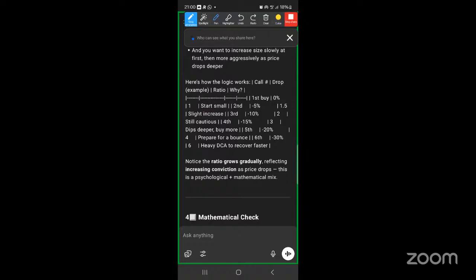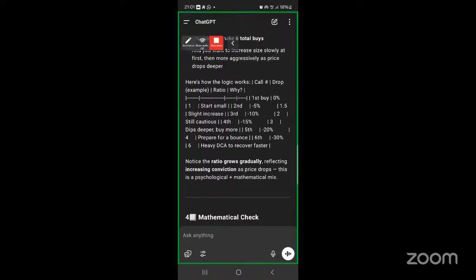Now, here is what it is saying. Notice the ratio grows gradually, reflecting increasing conviction as price drops. This is psychological plus mathematical mixing. So the people who worry when the market is going down, for as long as you did a good job in the first step, you have been able to identify the drop.